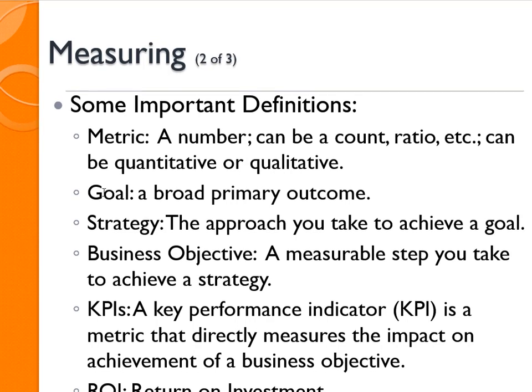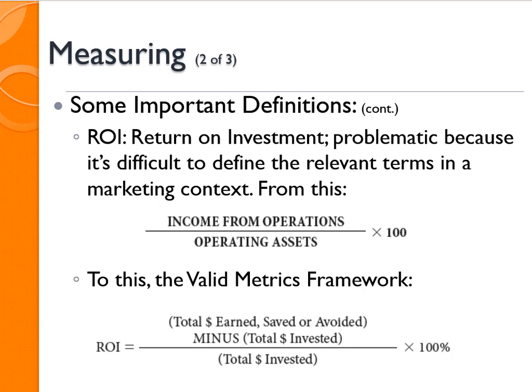Now, even with return on investment, there is some discrepancy in terms of how do we go about measuring that. And so the traditional way of doing that is we look at income from operations divided by operating assets times 100. Well, that's a little hard to obtain all that information, so they narrowed it down a little bit.